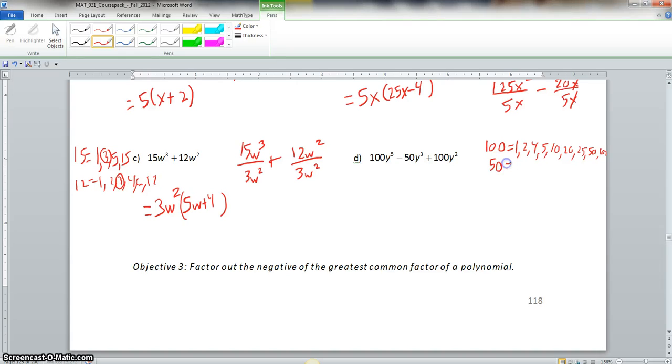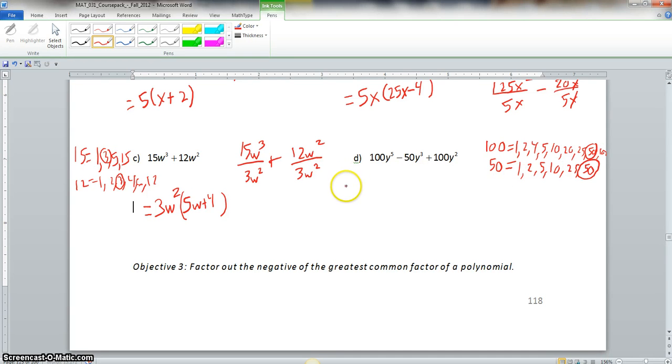Okay, now with 50, we have 1, 2, 5, 10, 25, and 50. So we know our greatest common factor here is 50.